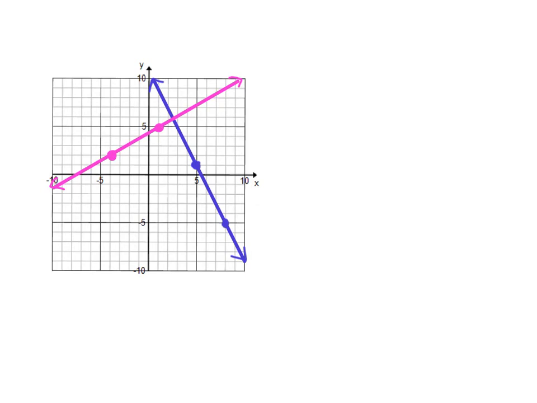Okay, so to start with the blue line here, we've got 5, 1 is this point, and this point over here is 8, -5. It's a negative sign there. Okay, negative, not positive, that's a negative. So the equation for the blue line will be y minus y1 equals m times x minus x1.